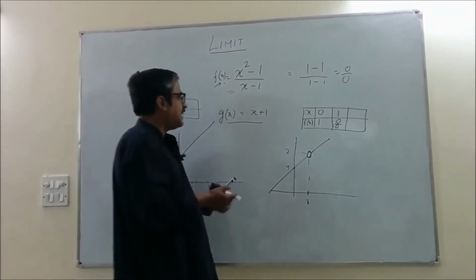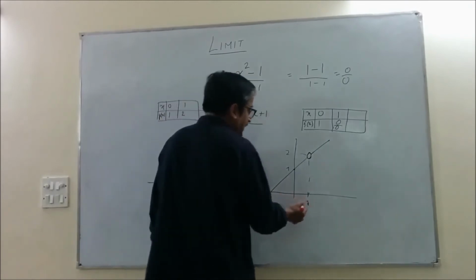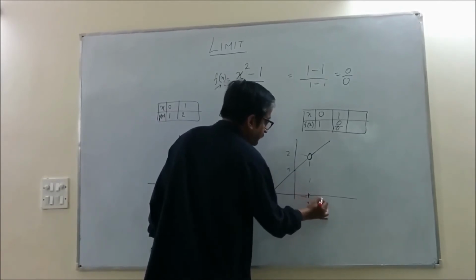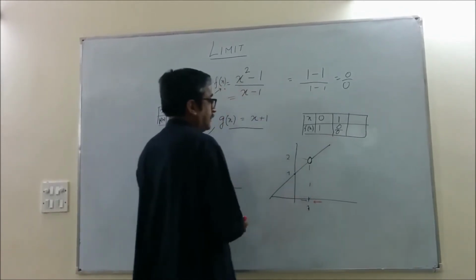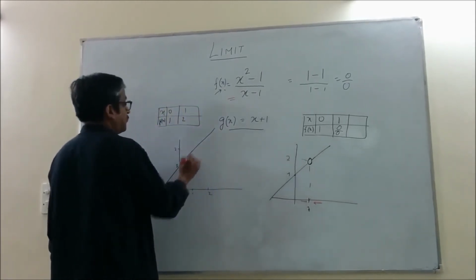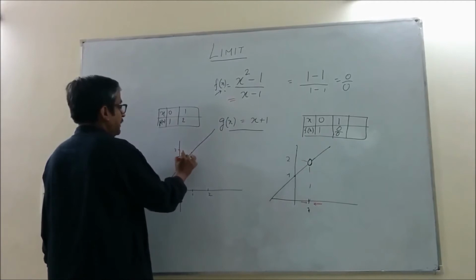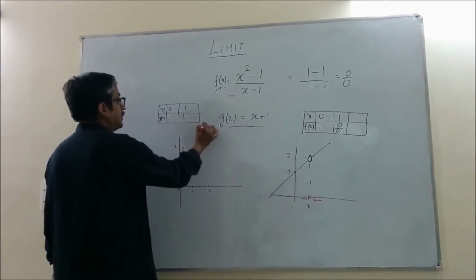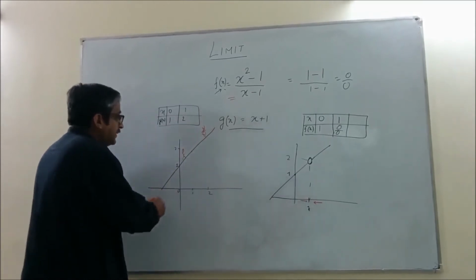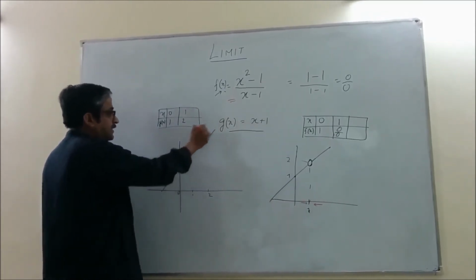And the other way is to say, okay, I can't plot it exactly at 1, but what happens if I take my x towards 1? From the right and from the left. It's something like, you've got this point, and you are walking down this road, and your girlfriend is walking down this road. In this road, you will meet each other.